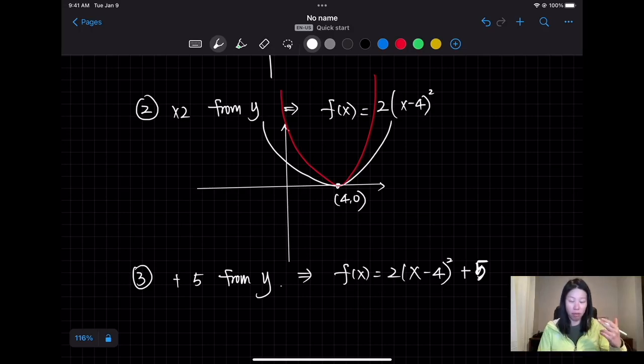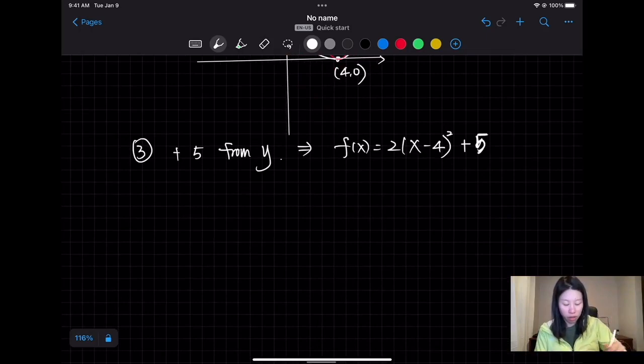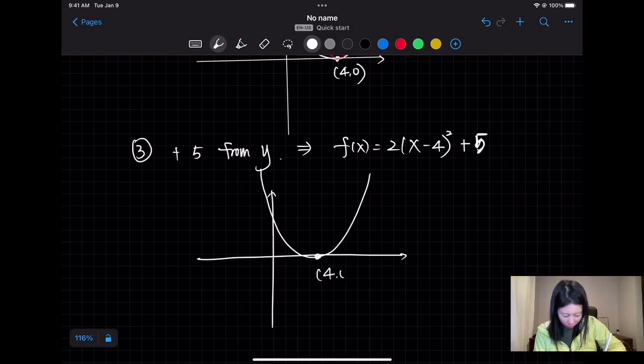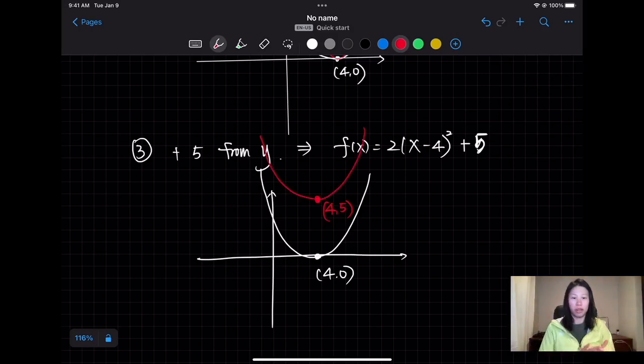At 5, that means you're going to shift up 5 units. So from our last function, the function looks slimmer in here at 0. And now it's going to shift up to here, right? To 5, because the vertex is going to move up. So that's your final function.